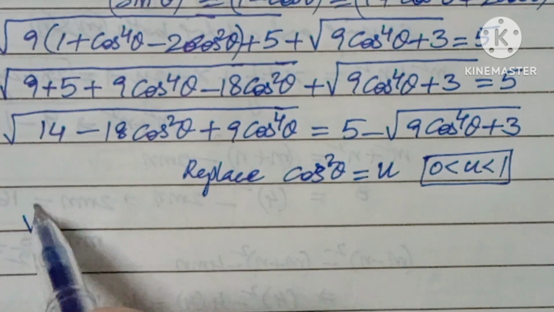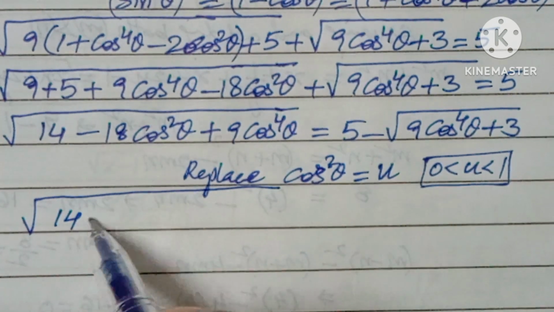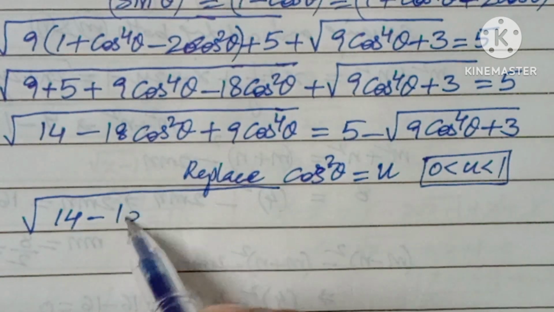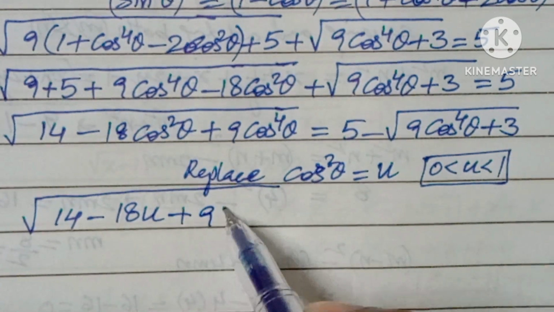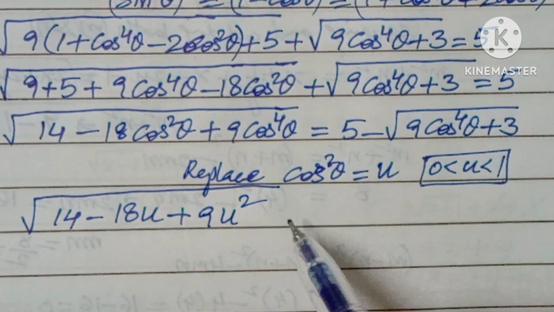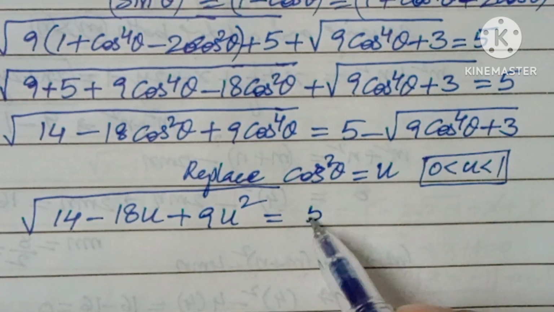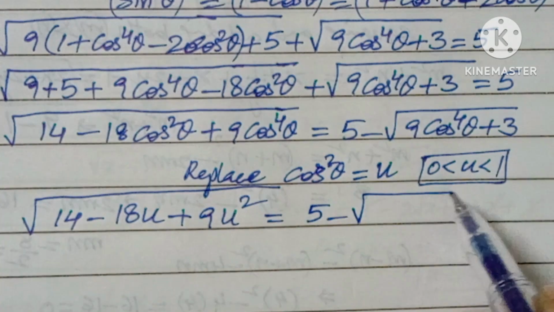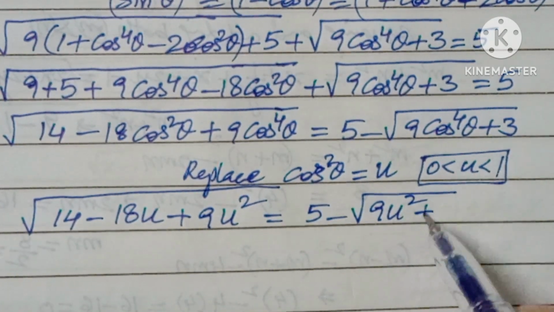So now we'll get square root of 14 minus 18u plus 9u square is equal to 5 minus square root of 9u square plus 3.